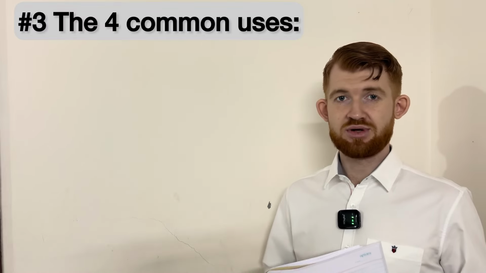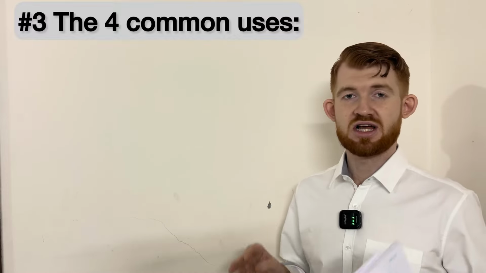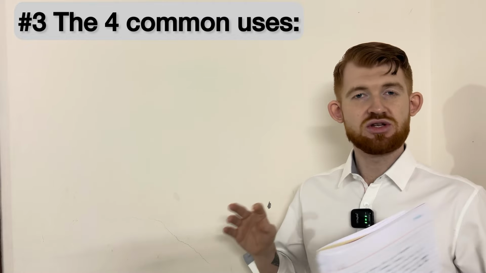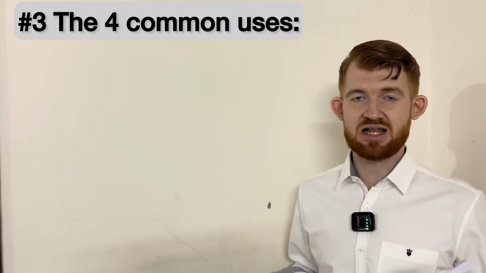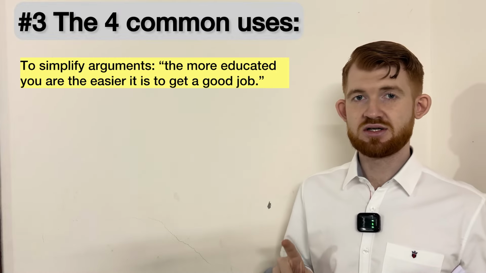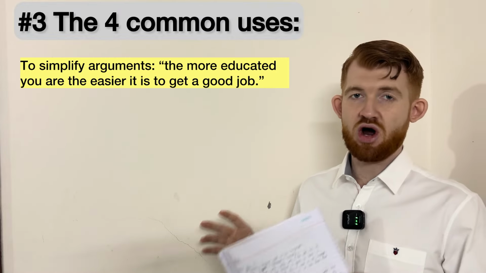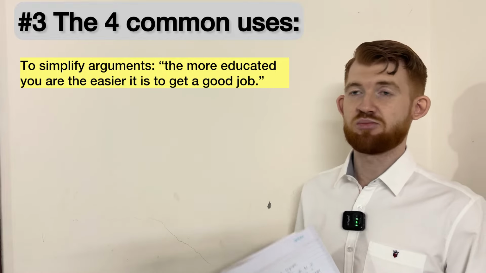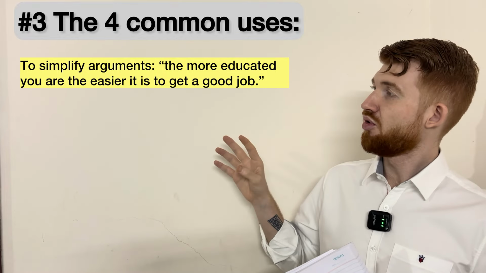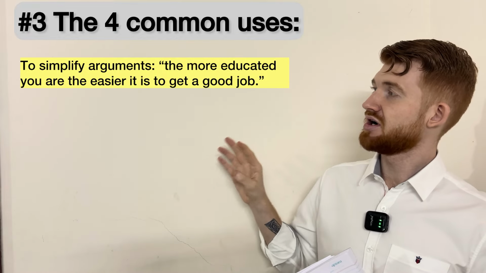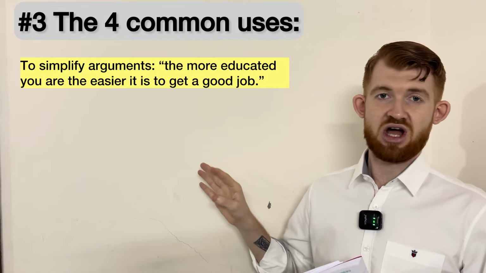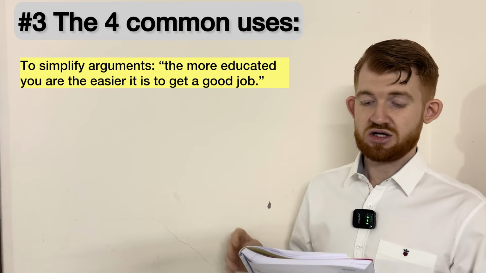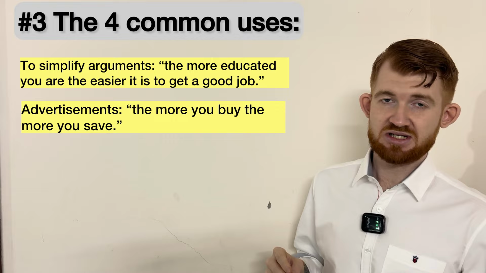And number 3, we have also learned the 4 ways that we usually use this in our daily life. Number 1 is to simplify our arguments. For example, the more educated you are, the easier it is to get a good job. We also use it in advertisements.